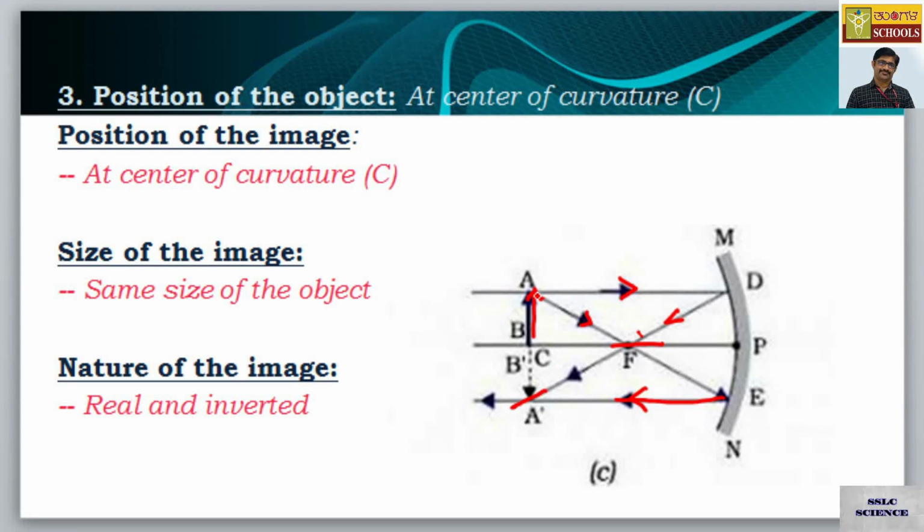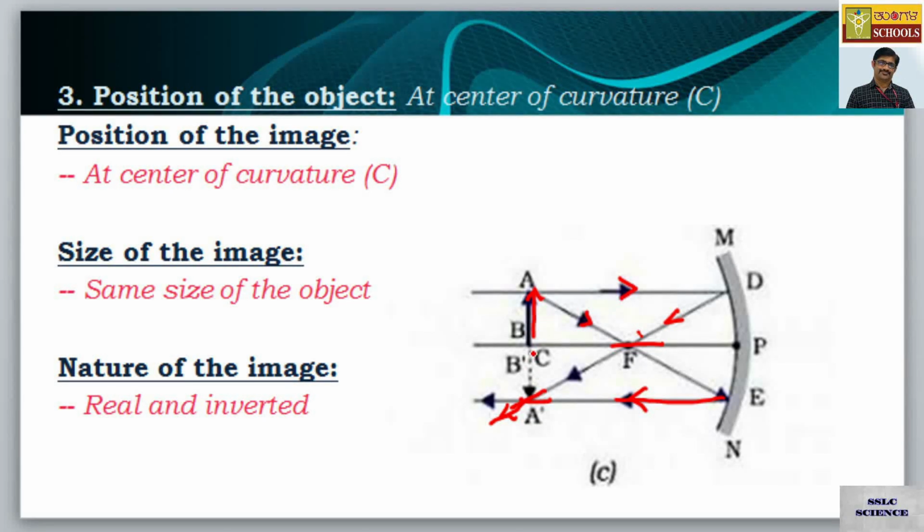So this ray which is parallel to the principal axis passes through F, and it is moving in this direction, and another ray which is passing through F, again after reflection it is parallel to that, again it is intersecting at this point.